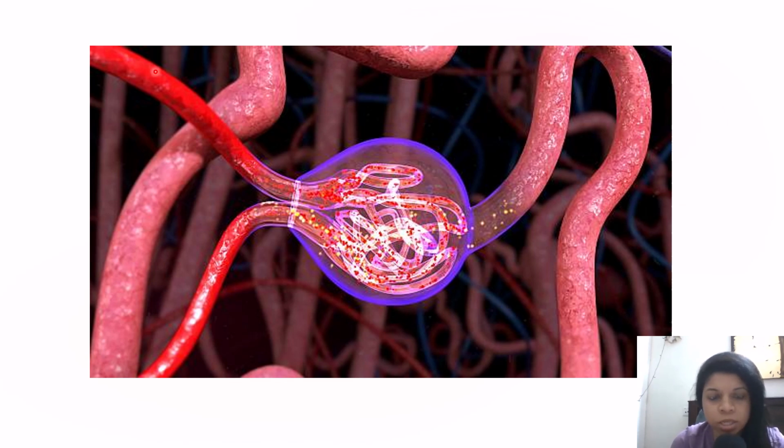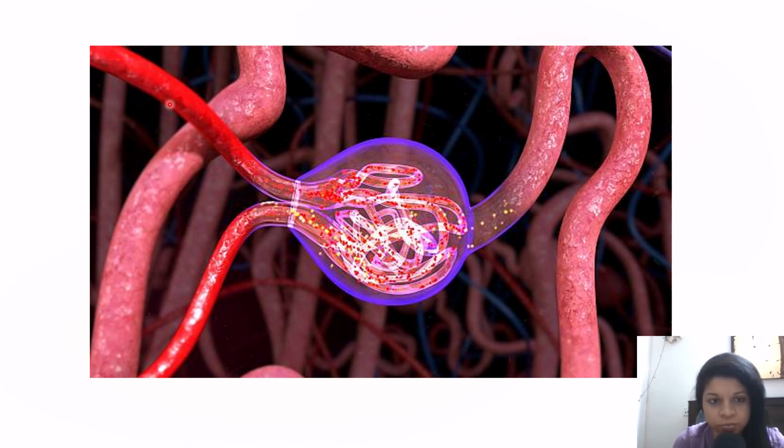As you can see, in reality, the glomerulus is only this much and the major part is formed by, this is the afferent arteriole, efferent arteriole, that is blood vessels, and then there are the tubules. The component in between is the interstitium. So you have the glomerulus, the tubules, the interstitium, and the vasculature.